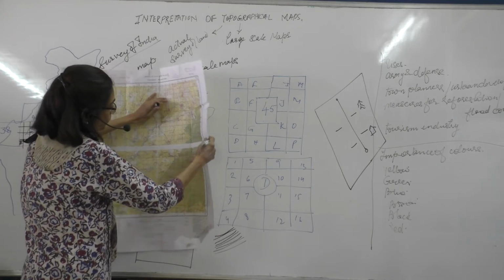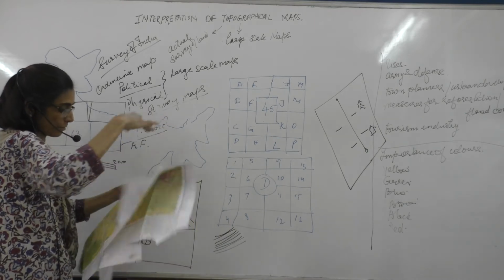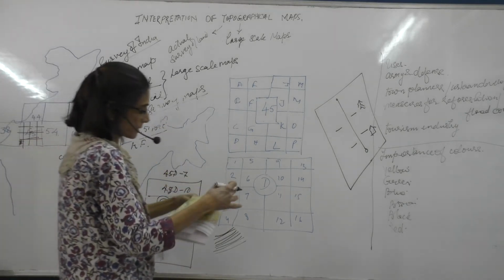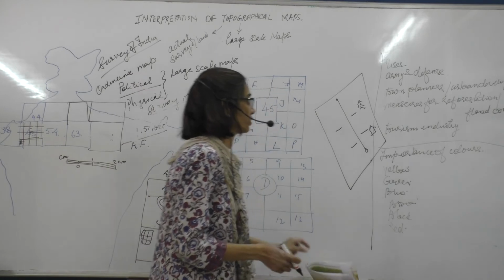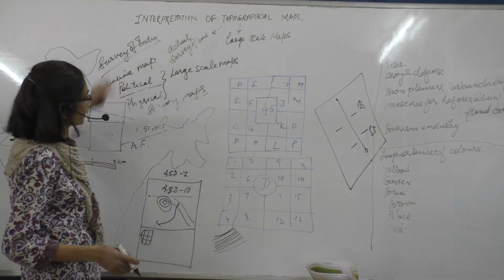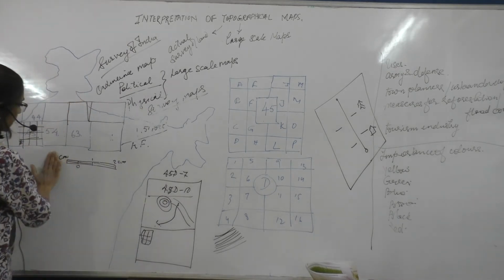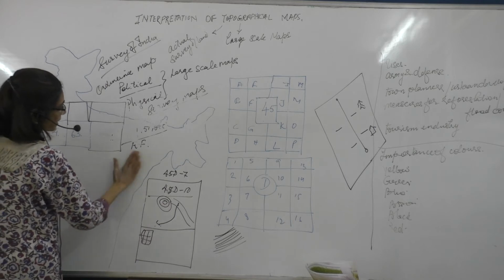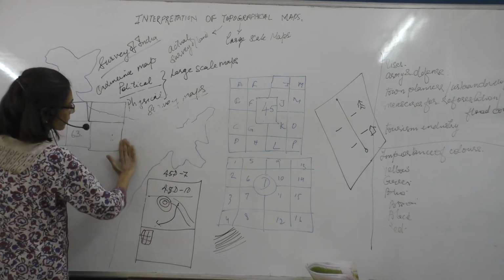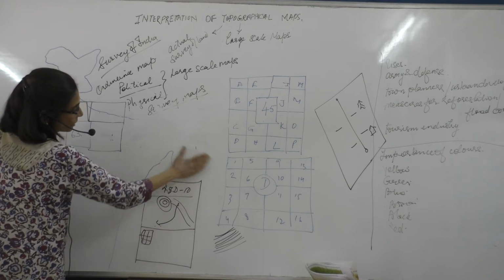So when we are reading about these topographical maps, we'll be studying the interpretation of the topographical map. But before we study the interpretation of the topographical map, just try to understand the three types of scales that are being used in the topo sheet.